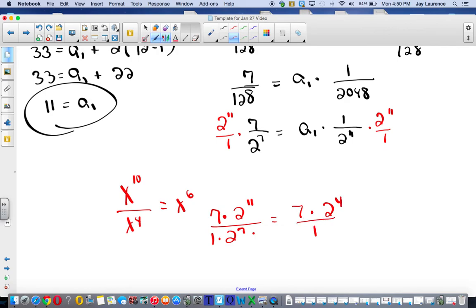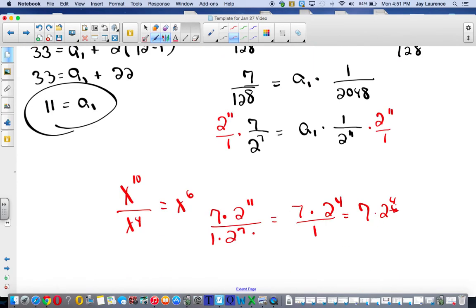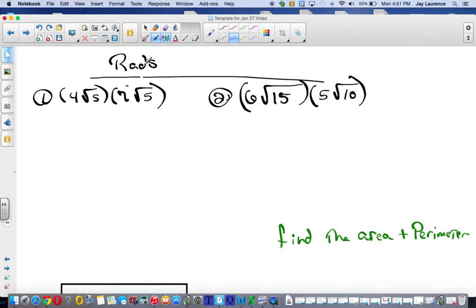It'll all be over 1, so it's just 7 times 2 to the 4th. And 2 to the 4th was 16. So this problem is 7 times 16 in disguise. We're going to get 112. So a sub 1 is going to equal 112. And there you go. All right.